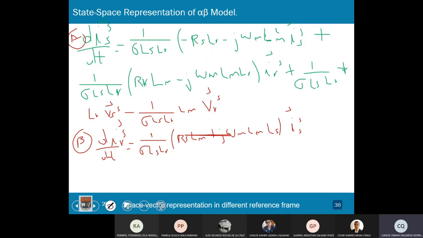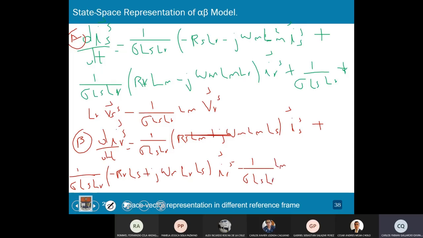the stator current space vector, plus 1 over the leakage coefficient, the stator inductance, rotor inductance times rotor resistance times the stator inductance plus J, the speed, rotor inductance, stator inductance times the rotor current space vector, minus 1 over the leakage coefficient, the stator inductance, the rotor inductance times the magnetizing inductance, the stator current space vector, plus 1 over the leakage coefficient, times the stator inductance, rotor inductance times.